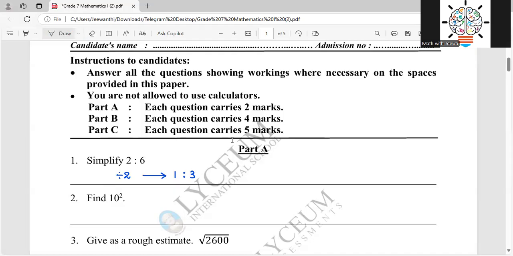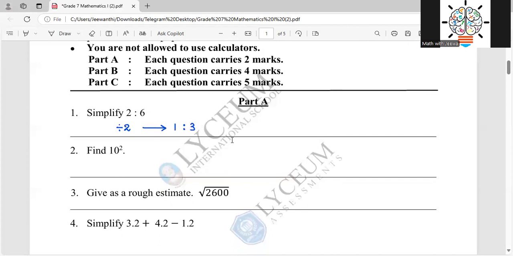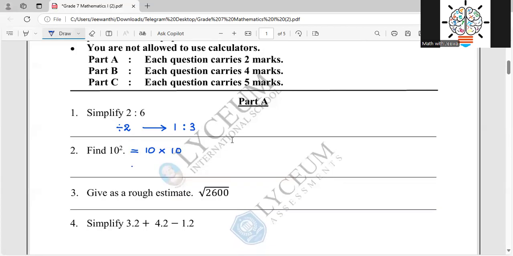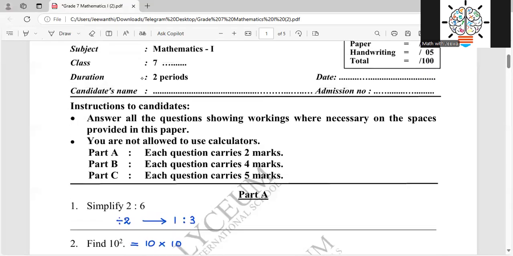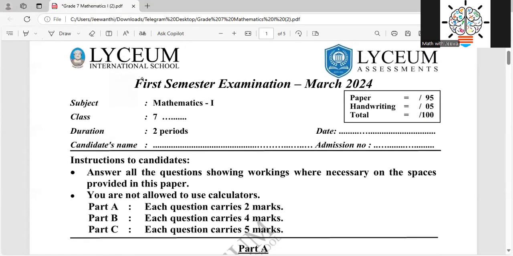So I will go to question number 2. Question number 2, you want to find the value of 10 squared. First of all, you want to write what you mean by 10 squared: 10 multiplied by 10, then the answer is 100. You just see how I'm using the equal sign and that they should be in one line. Ultimately, your answer sheet should be neat. Why are you getting 5 marks for the handwriting?